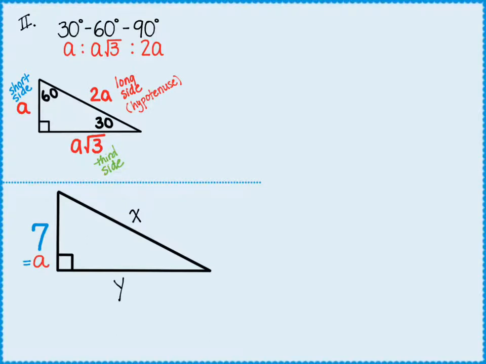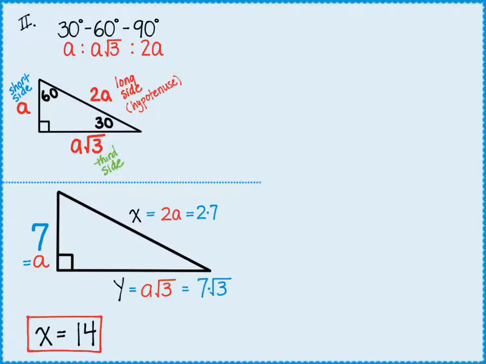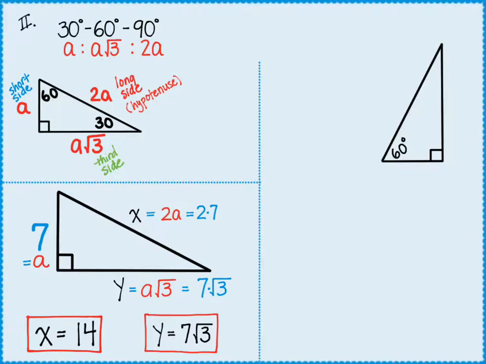So 7 is the short side, which would be the A. The x is the hypotenuse, which is twice the short side. And y is the third side, so that would be the short side, root 3. Solving for x, we plug in our 7 and get 2 times 7, so x equals 14. To solve for y, we plug in the 7 and get 7 root 3, so y equals 7 root 3.